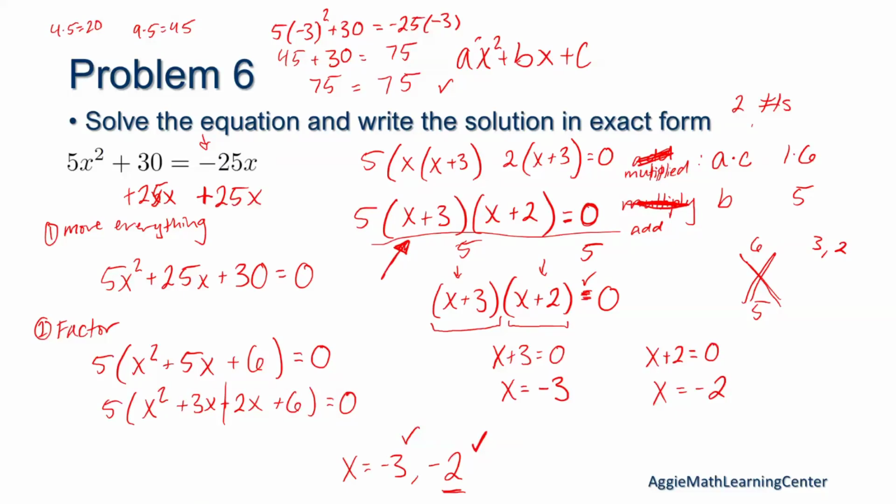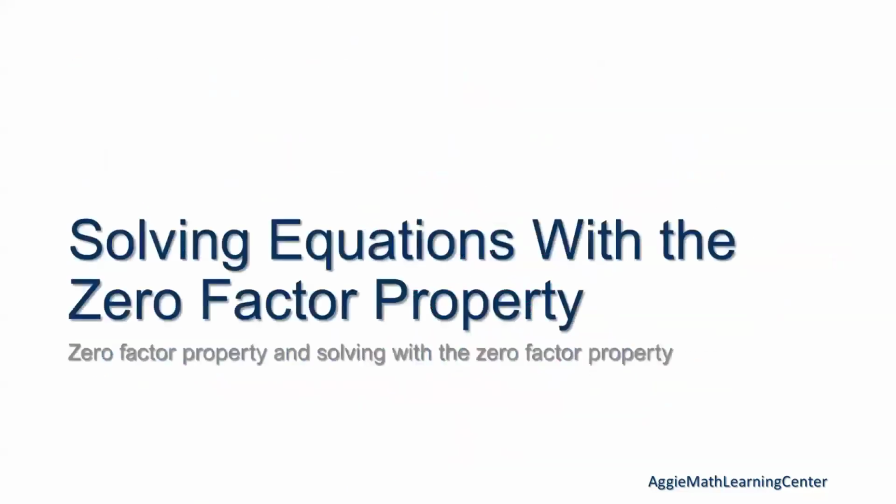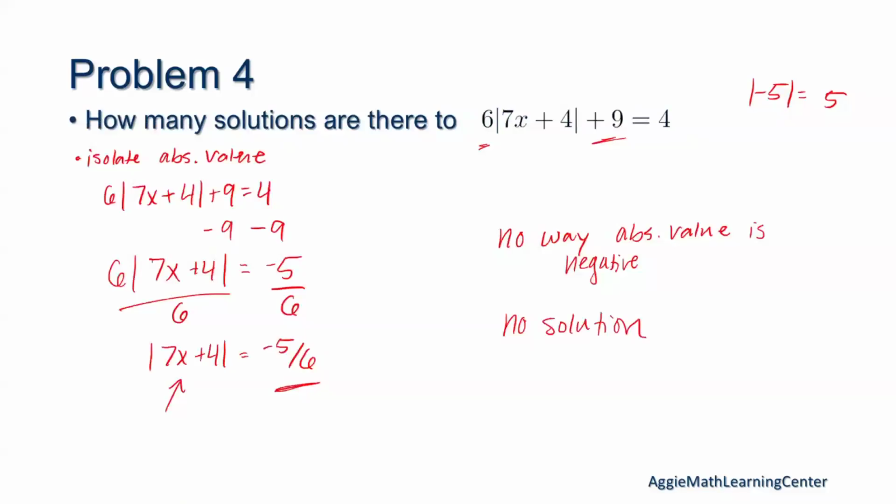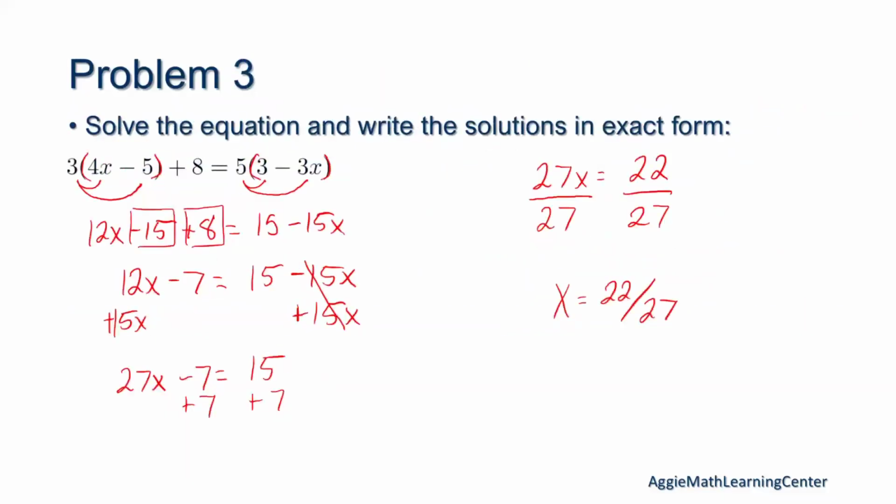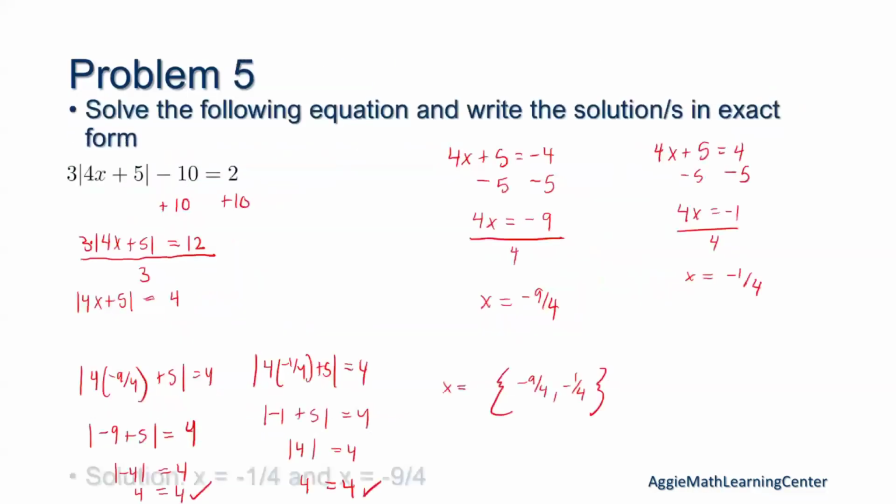How do you know when to use the zero factor property versus the other ways? So in this other way, I go back. This one, we always have x equals some number, right? In this one, the highest power of x is 1, so we can always combine these x's.